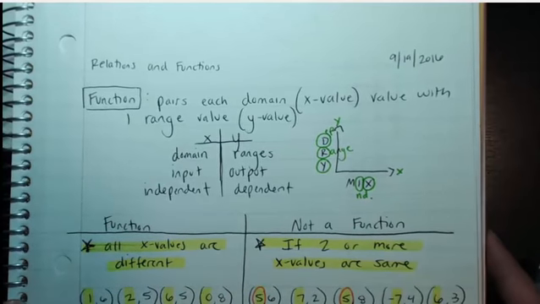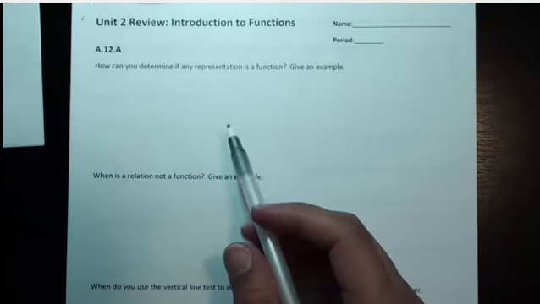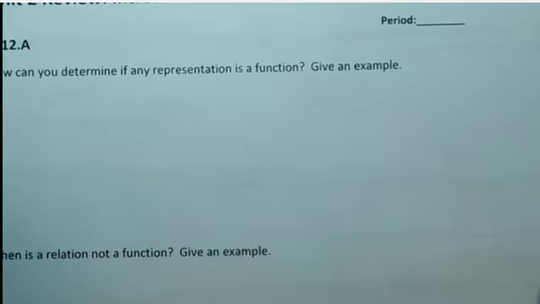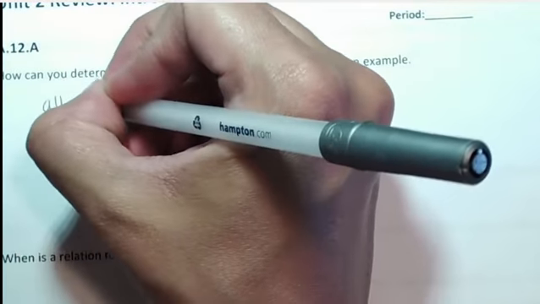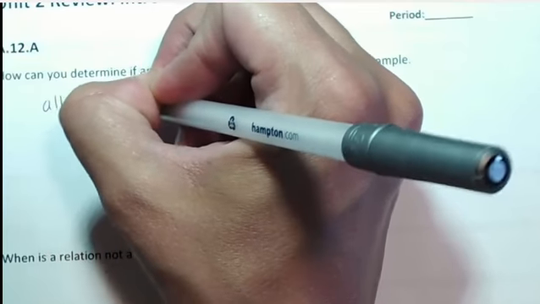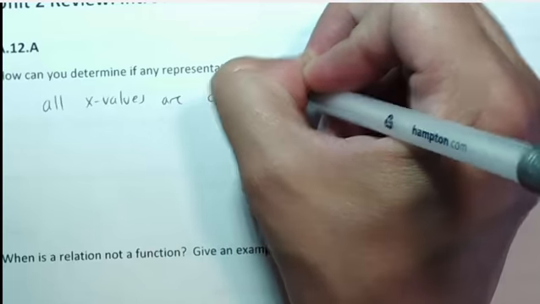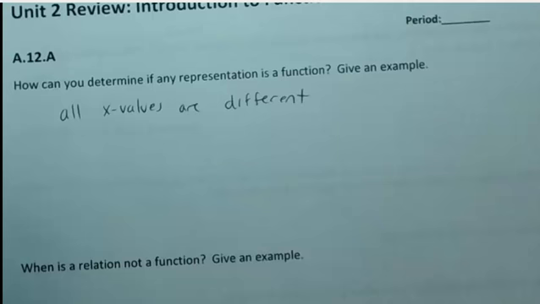Non-function is when there's 2 or more x values that are the same. So that's my answer. How can you determine if a relationship is a function? I'm going to put down that all the x values are different. Now this is your study guide, so yours might look a little bit different than mine, which is fine. But all the x values are different.